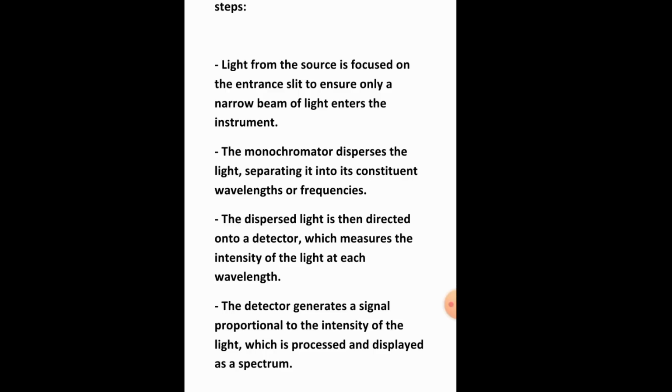This dispersed light is then directed onto a detector, which measures the intensity of light at each wavelength. The detector generates a signal proportional to the intensity of the light, which is processed and displayed as a spectrum.